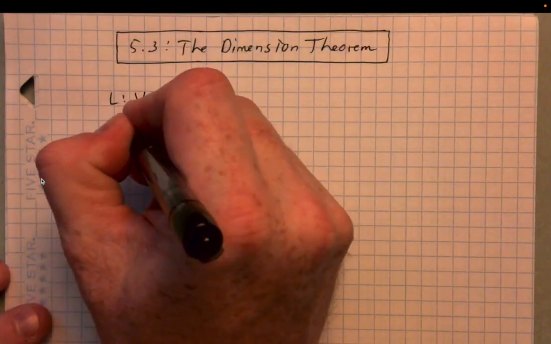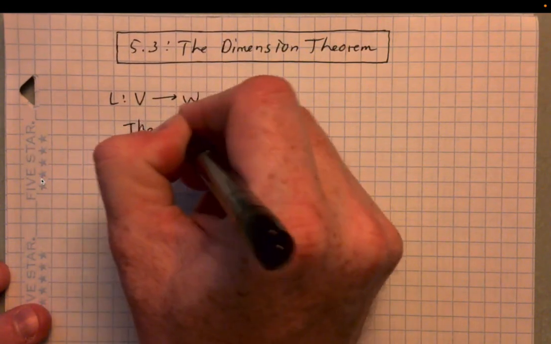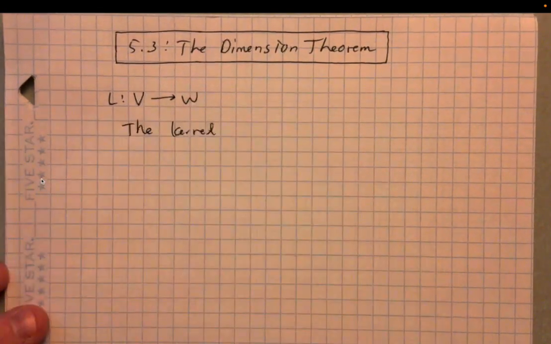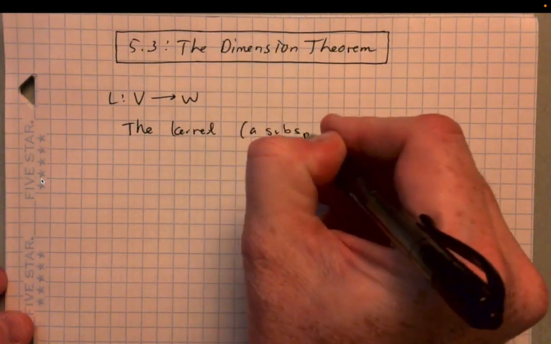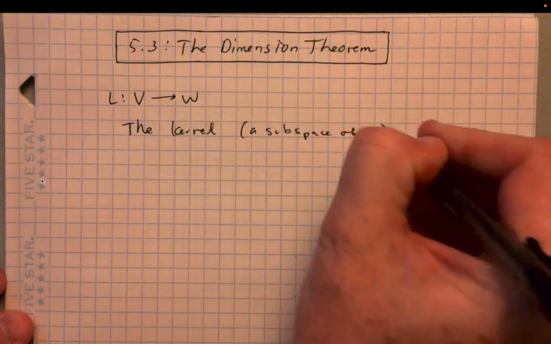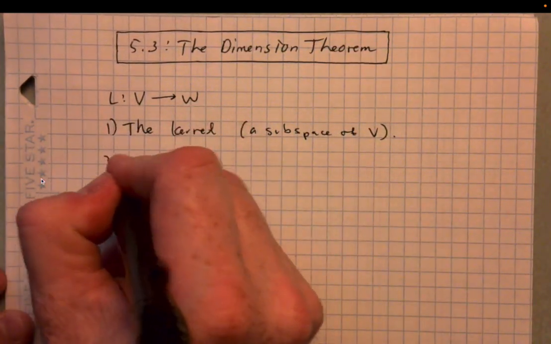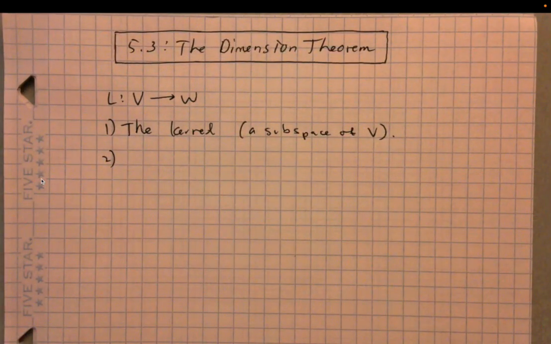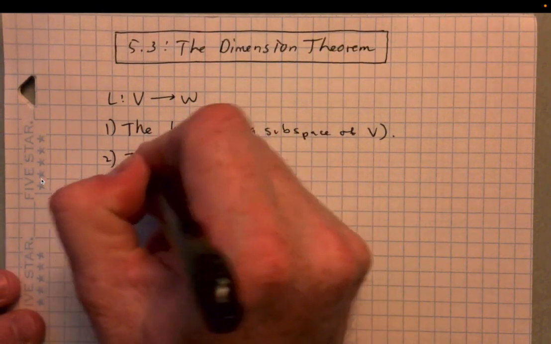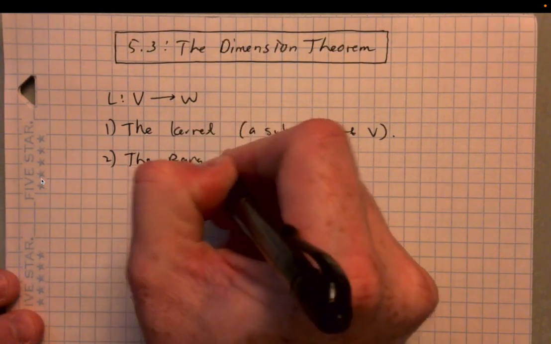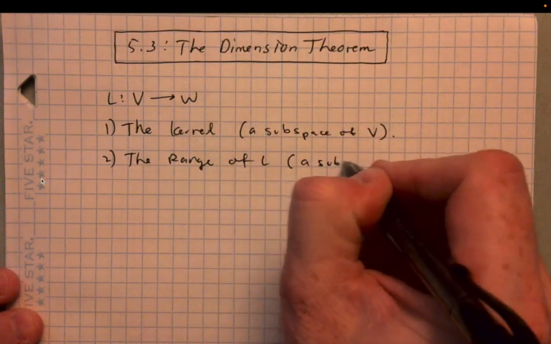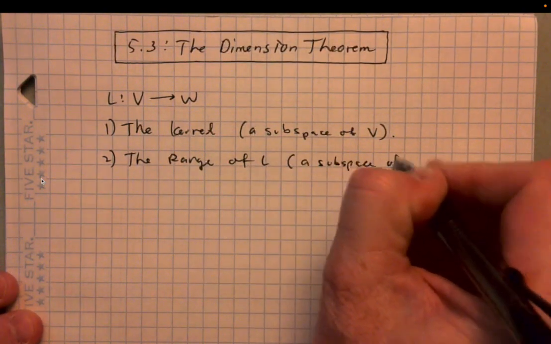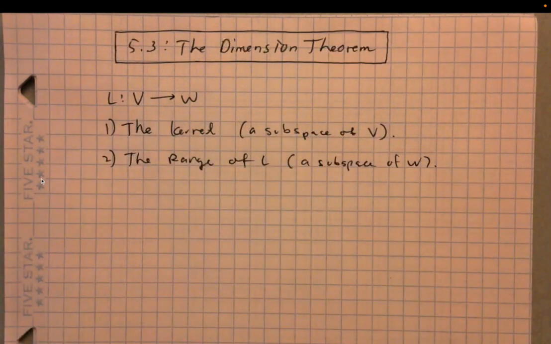So first is what's called the kernel, and this is going to be a subspace of V. And then the second one we're going to talk about is the range of the linear transformation, the range of L. And this is going to be a subspace, naturally, of W. So first up, let's talk about those two.